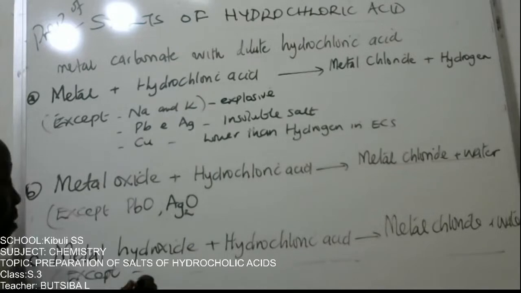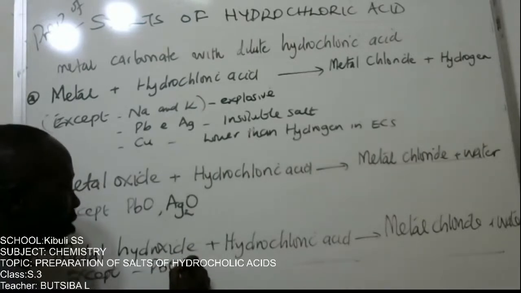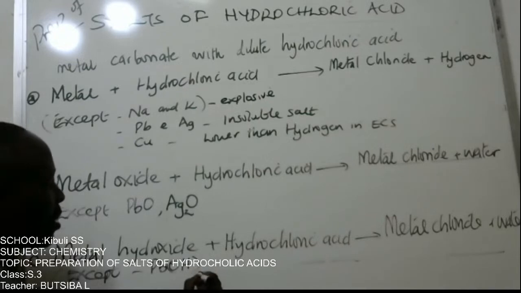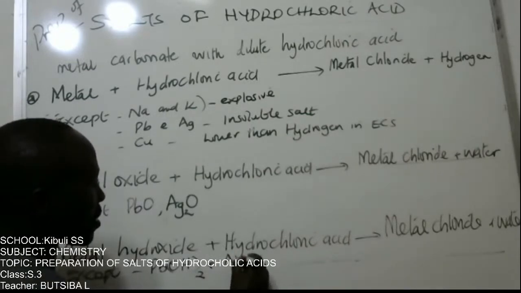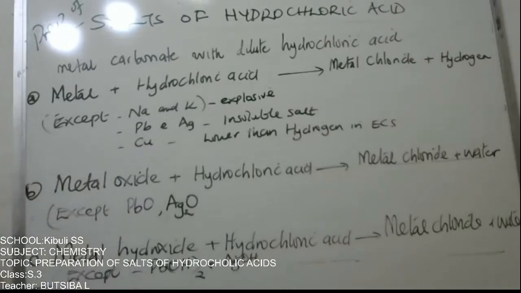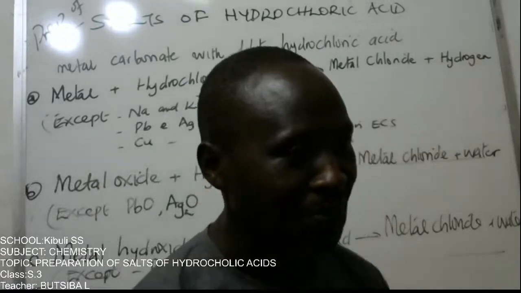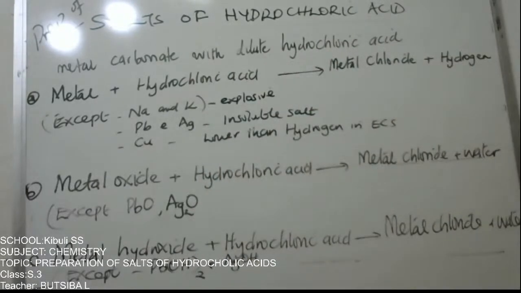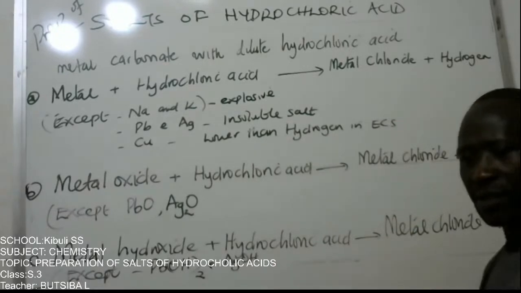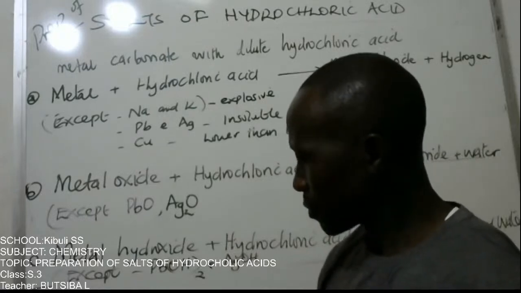What's the exception? Lead 2 hydroxide and silver hydroxide. Why? Same reason. Insoluble. The rest will go through very well. So if you know the metal, you can write the equation as long as you know the valency of a metal. It's wonderful.